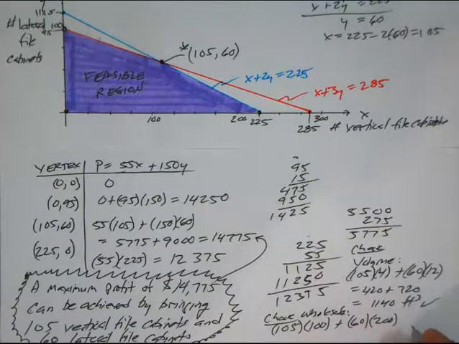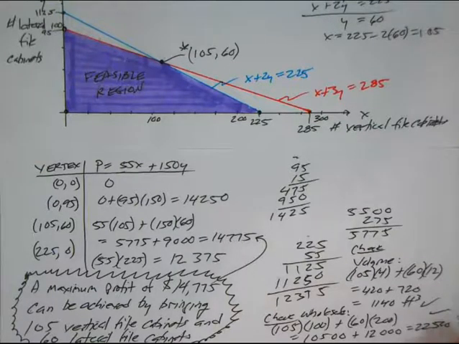Alright, let's see what we get here. This gives us 10,500 plus, this would be 12 with 3 zeros following it. We're up to 22,500. And that is indeed exactly the budget for wholesale. We maxed out that budget.